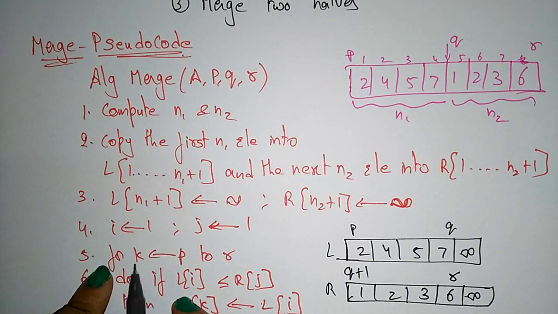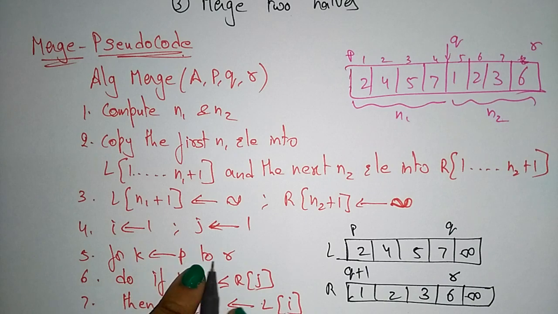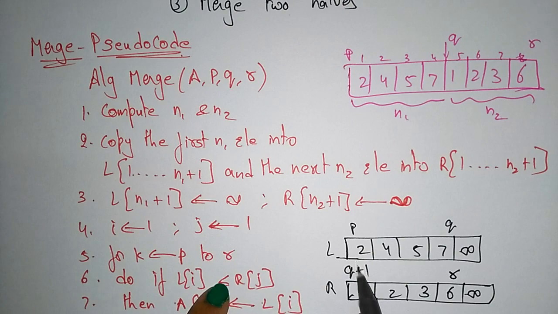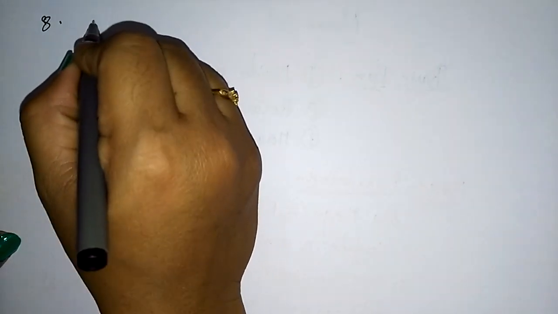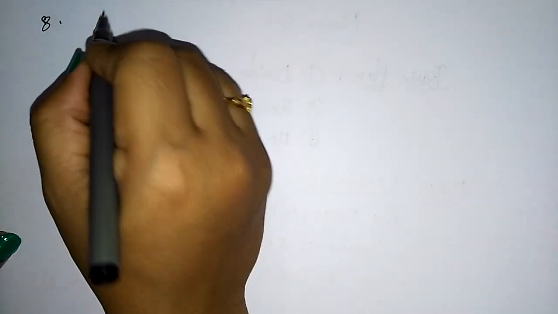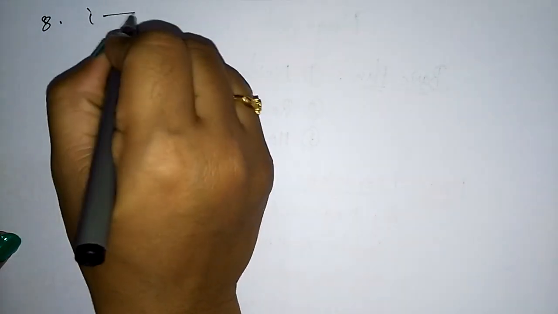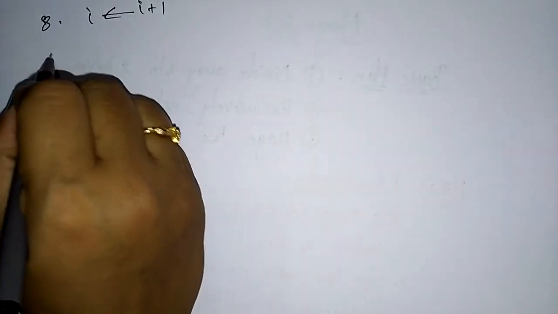So first, for K from P to R, we loop the condition until the sorting is complete. If L of I is less than or equal to R of J, then A of K becomes L of I. In the 8th step, whenever L of I is stored in A of K, I is incremented by 1.